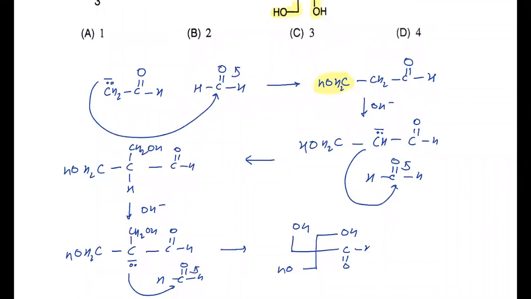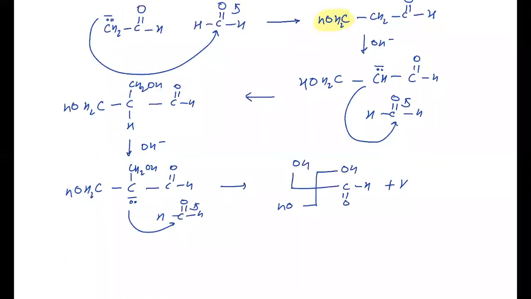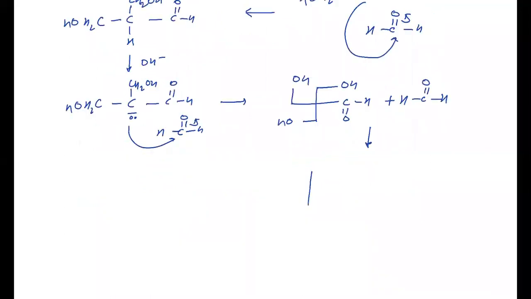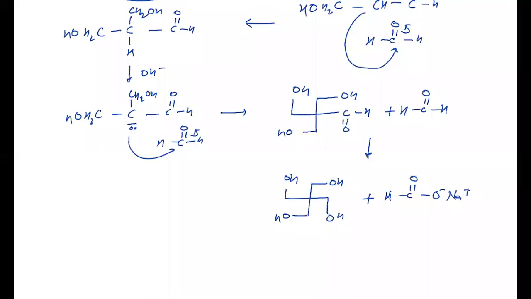And after this we will perform crossed Cannizzaro reaction. So with this crossed Cannizzaro reaction, this group will be reduced and formaldehyde will be oxidized to the salt of formic acid. This is cross Cannizzaro reaction, and we reach the final product which is given in the question.